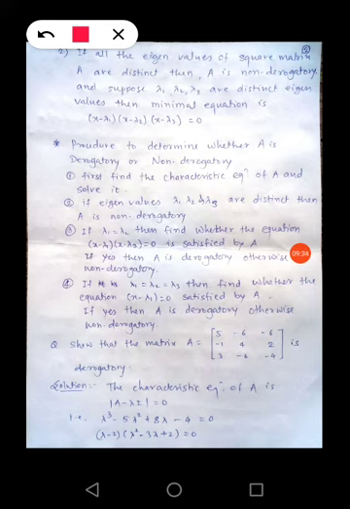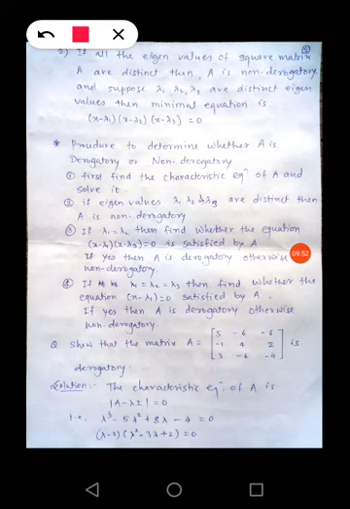Third, if lambda 1 equals lambda 2, that means the first two eigenvalues are the same and the third one is distinct, then find whether the equation x minus lambda 1 into x minus lambda 3 equal to 0 is satisfied by A. If yes, then A is derogatory. If no, then A is non-derogatory.